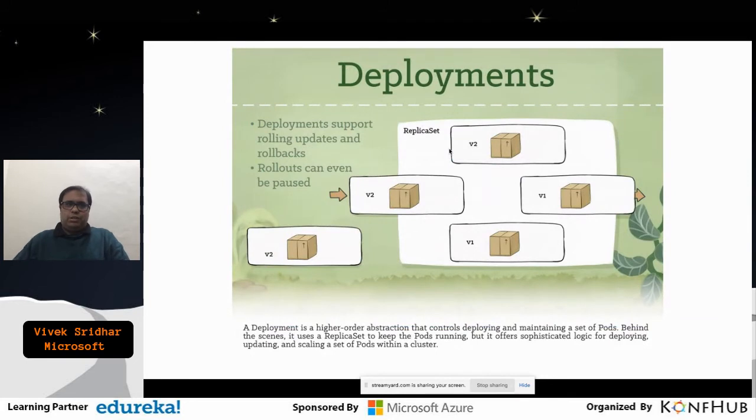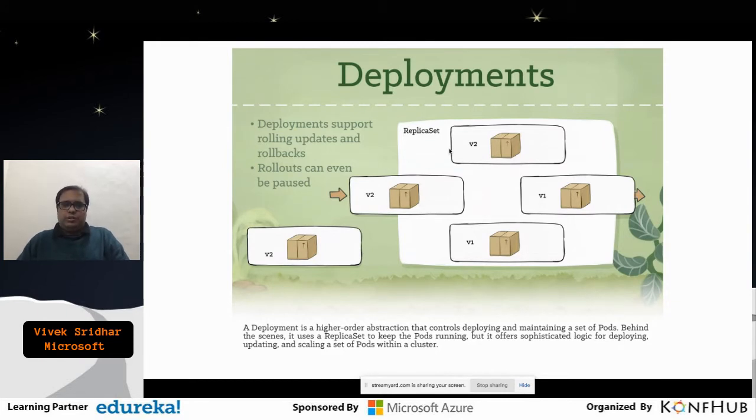Deployments are one of the amazing workload features of Kubernetes, because it's about how you roll out updates, how you do rollbacks, and how you can manage the upgrade of your system. Here you are abstracting replicas; it is using replica sets at the bottom, but at the higher level it is called deployments.